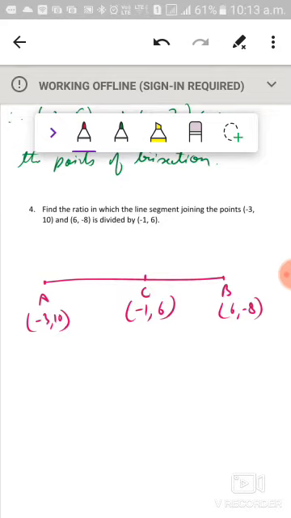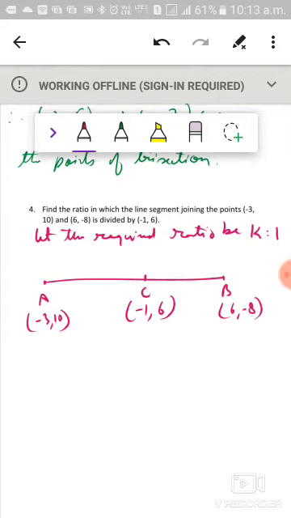Okay, so this also we have discussed in our previous session. If we need to find the ratio, how to change our section formula in this situation. So let the required ratio be k is to 1.